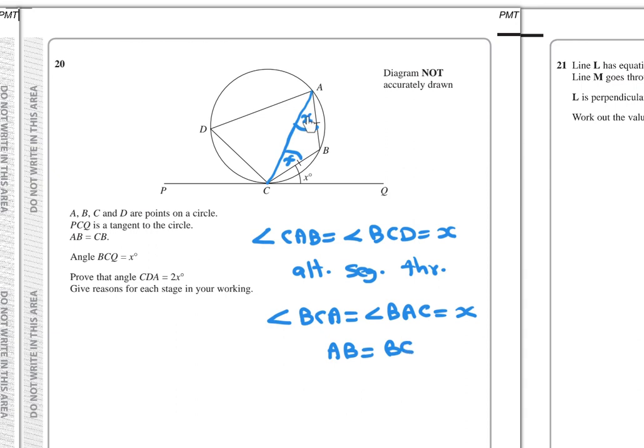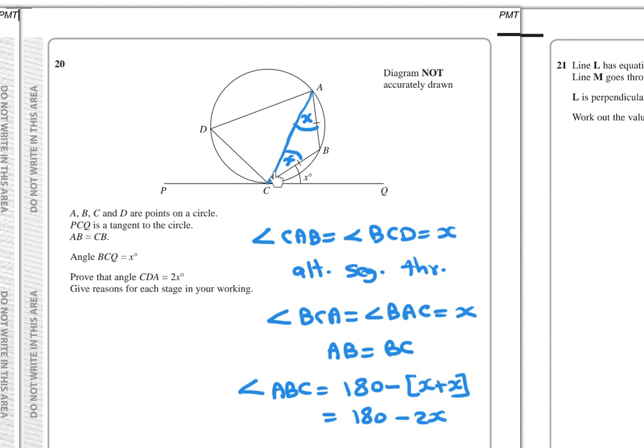Now if this angle equals x and this angle equals x, then you can find the third angle, 180 minus 2x. So angle ABC equals 180 minus 2x.